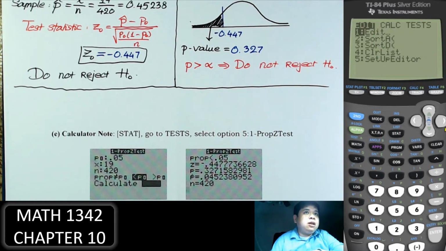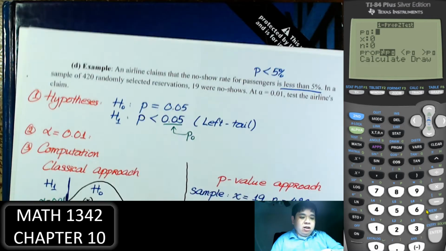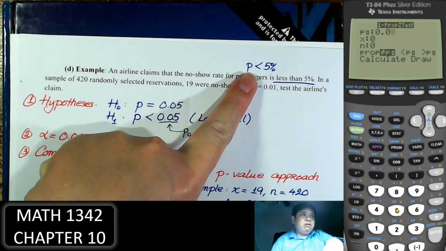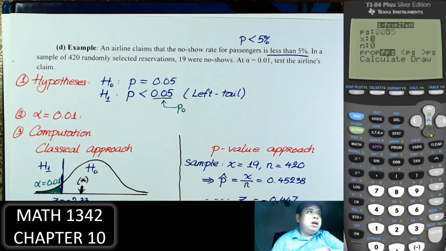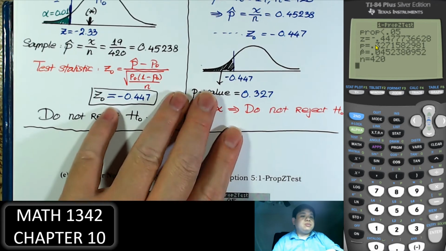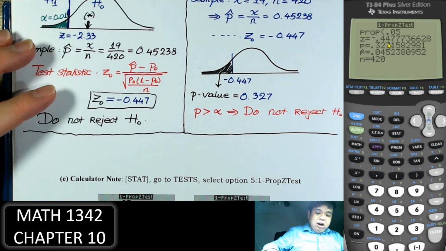This is how it goes on the calculator: stat, go to test and go down to 1 proportion z-test. The p naught is the number in the problem, less than 5% is no-show, and x is 19 out of 420. This problem is less than, so we choose that, and then we calculate. The p-value is 0.327, bigger than alpha, do not reject. And finally is the conclusion.